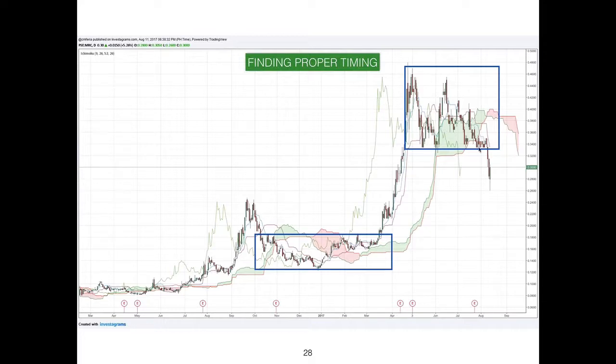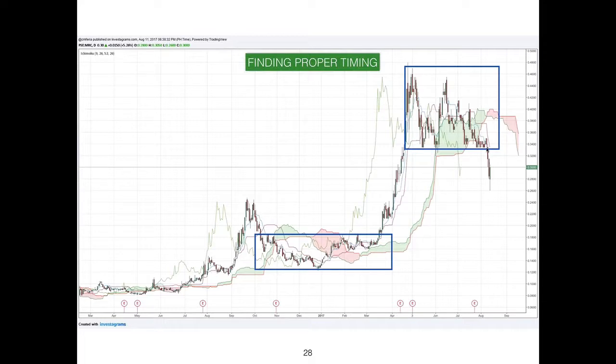So notice that people who don't use Ichimoku had been anticipating for MRC to bounce at 34. But we were already speculating that this would do a breakdown because this was already below the Kumo. People were anticipating a return back to 44 area at least because they were looking at the triangle here.